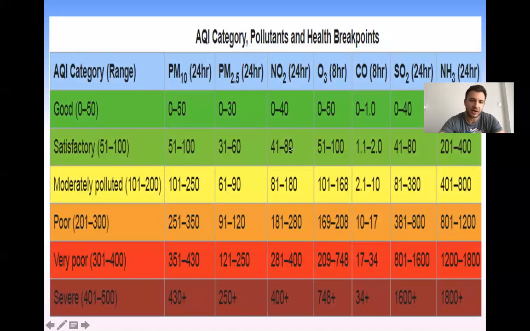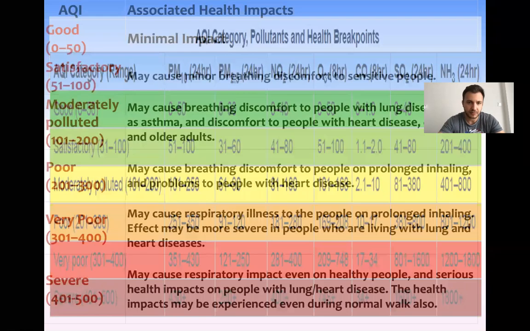But we can have a similar scenario for a different city. Let's say they have PM10 of more than 430 and CO of more than 34. So this area has a problem with air pollution, and this is very dangerous for their public health and also their mother nature. They must do something to reduce the air pollution.